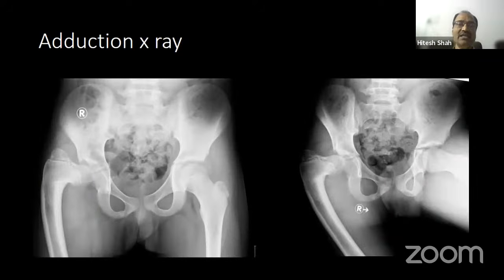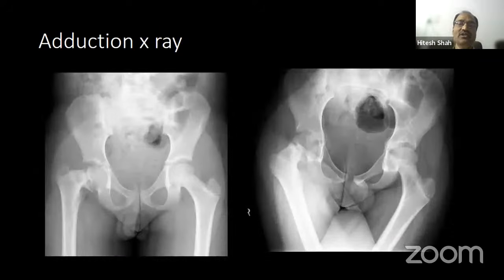Whenever we are in doubt, we need to check the adduction X-ray. In case of the Coxa Vara correction, we are doing a valgus osteotomy, and if we want to predict the position of the future hip, we need to take an adduction X-ray to know whether it can lead to uncoverage of the proximal femur after the valgus osteotomy.